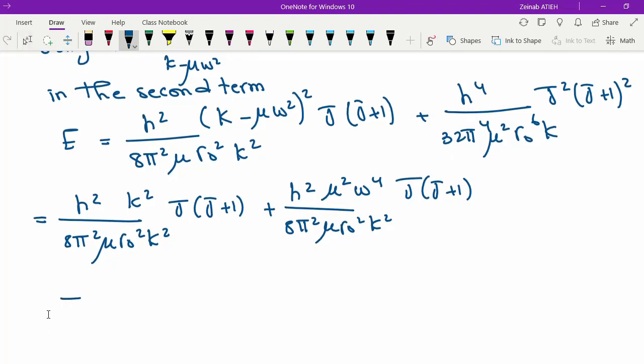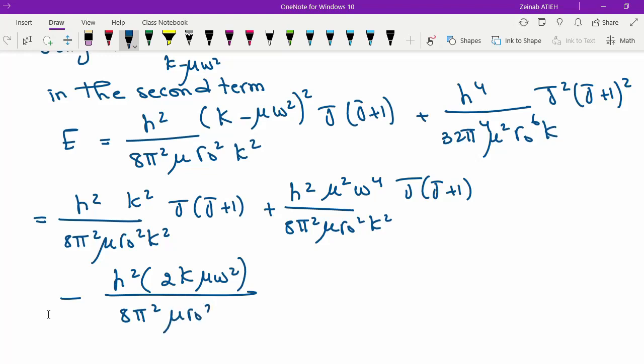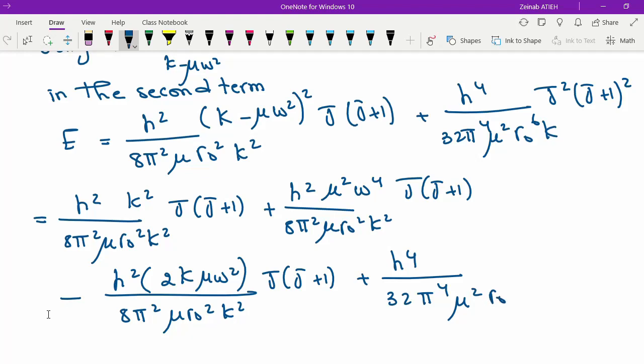So minus h squared 2K mu omega squared over 8 pi squared mu R0 squared K squared J plus 1.